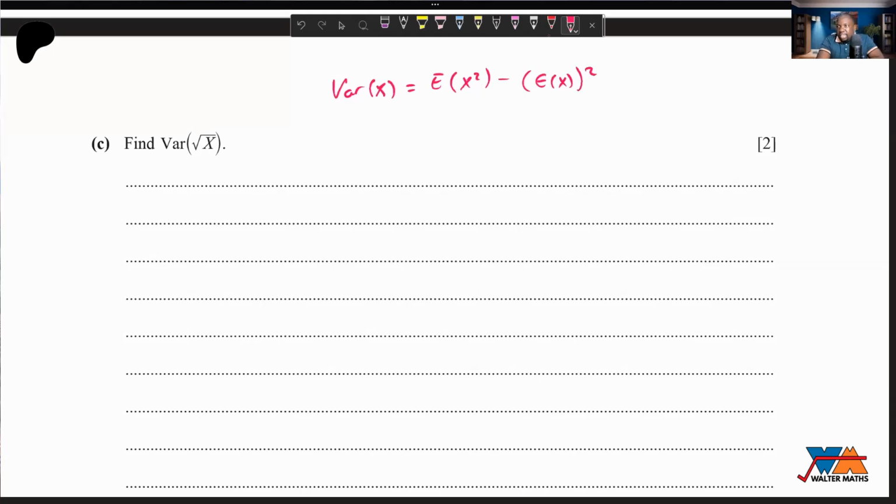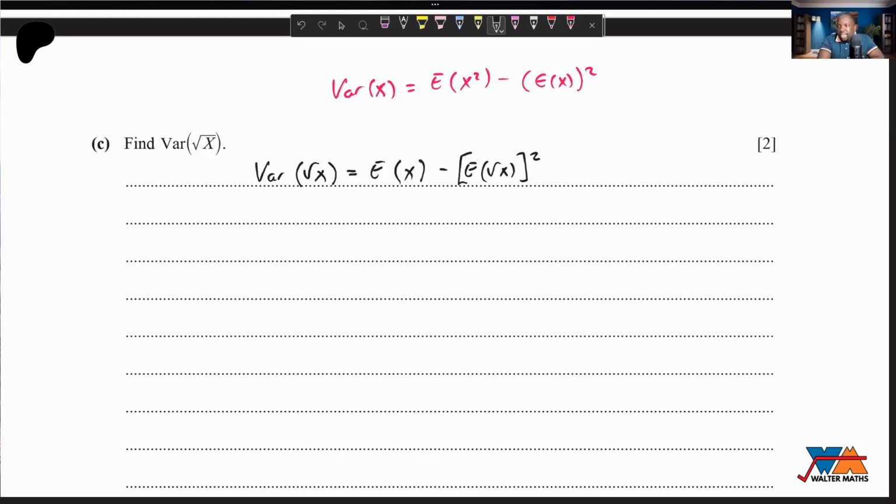In our case, for the variance of root x, we will say that this is equal to E of root x squared, so it'll end up just being x, and that's going to be minus E of root x squared. Okay, so that's basically what we're doing here.